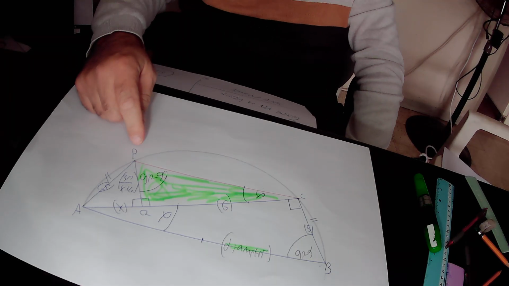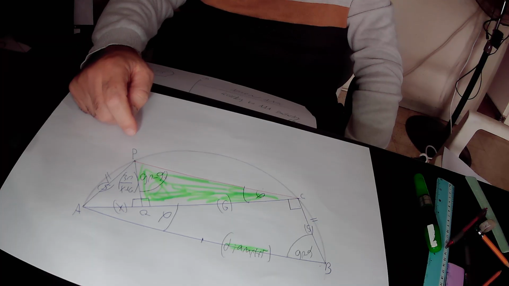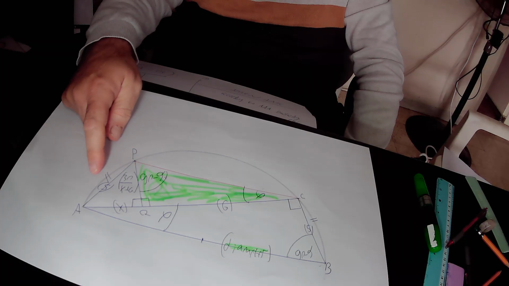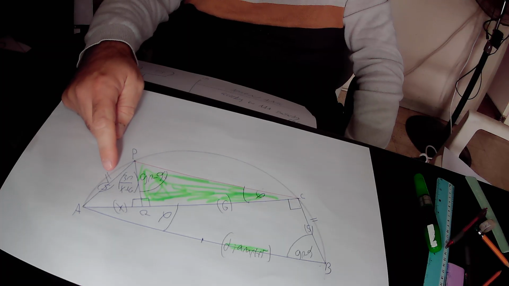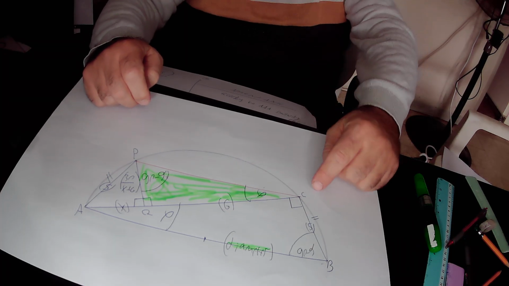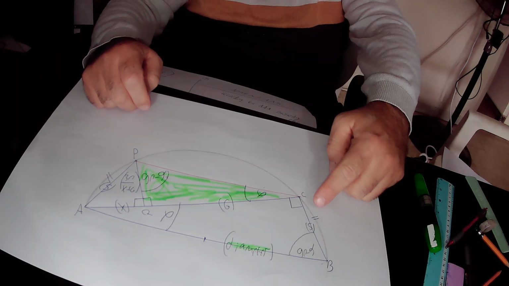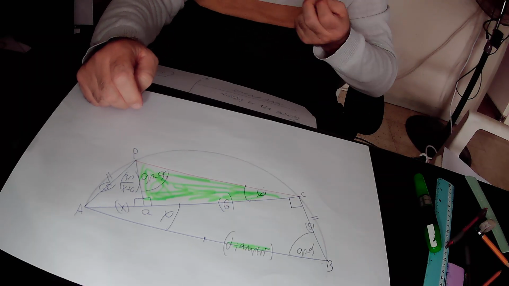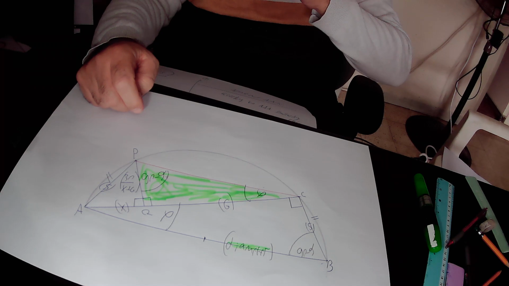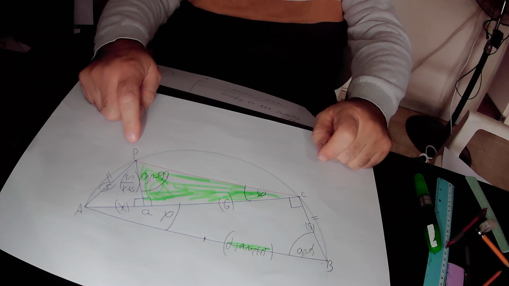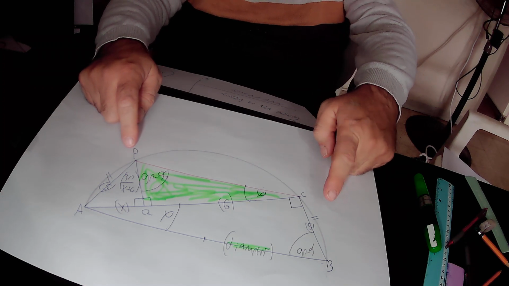We join points P and A together by a straight line. The corresponding chord of this arc is PA, and the corresponding chord of this arc is CB. According to Rule 56, the corresponding chords are equal to each other. This is to say chord PA equals chord CB in length.